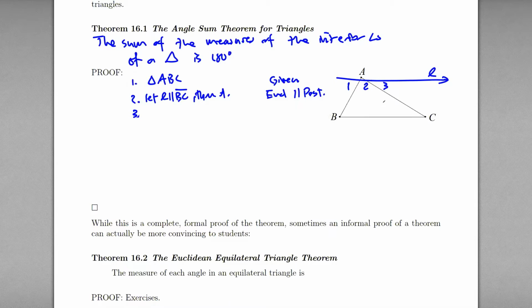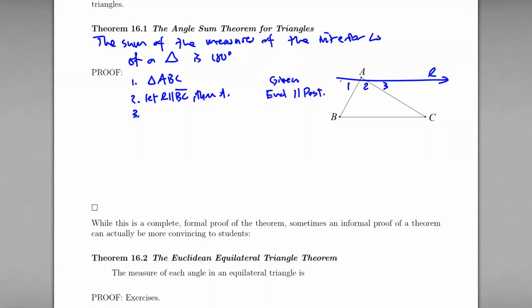Excellent. So we know that the measure of angles 1, 2, and 3 is 180 degrees. There's technically two different things going on here. If we take the angle 3 and this larger angle, by the supplementary angle postulate, the sum of their measures would be 180 degrees.